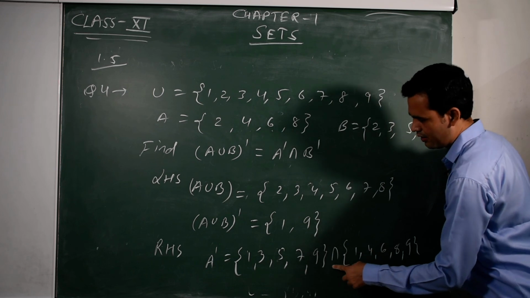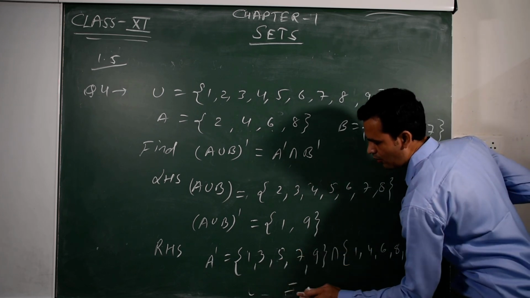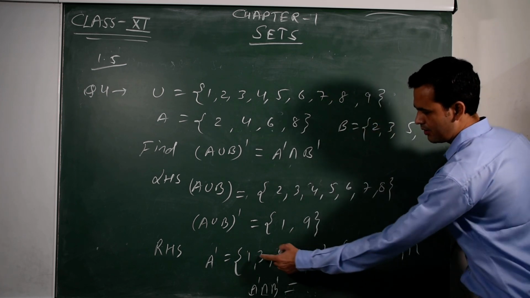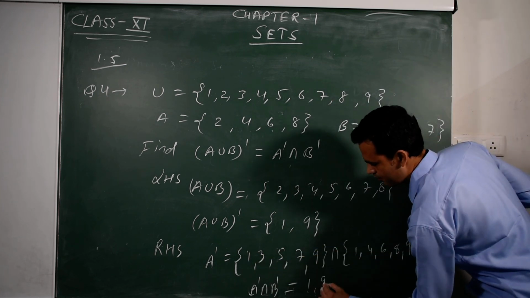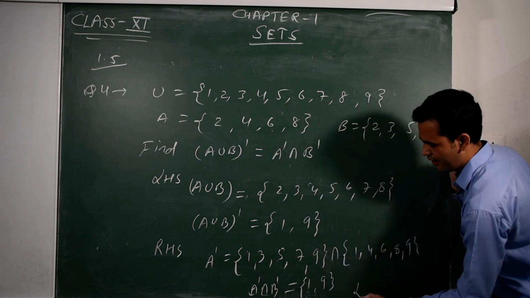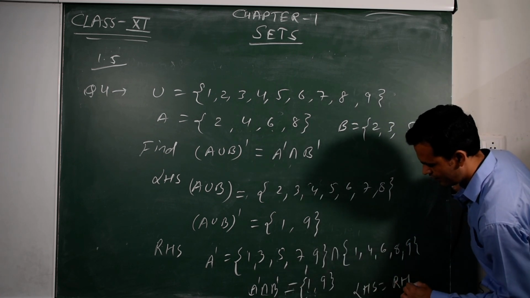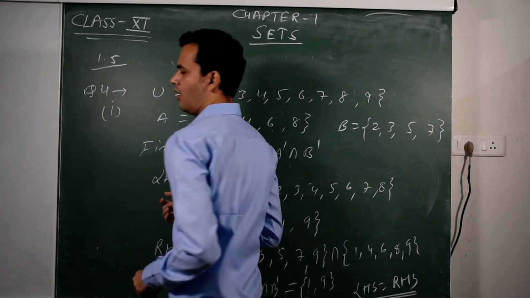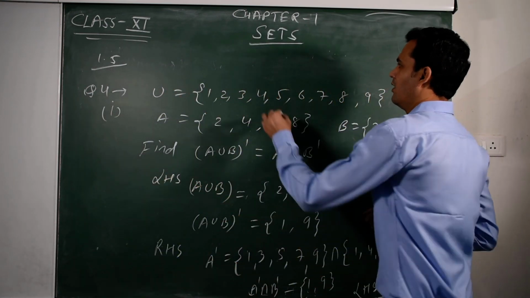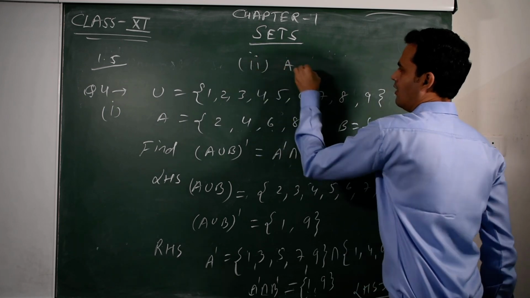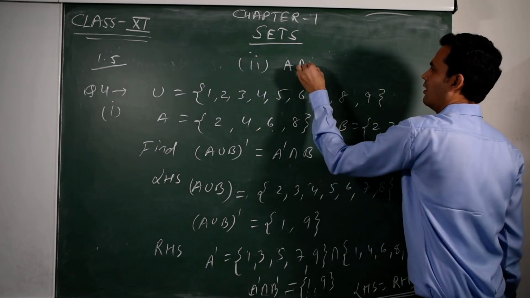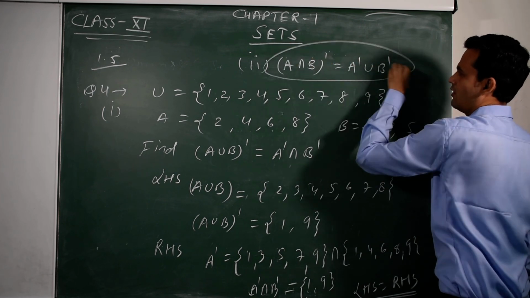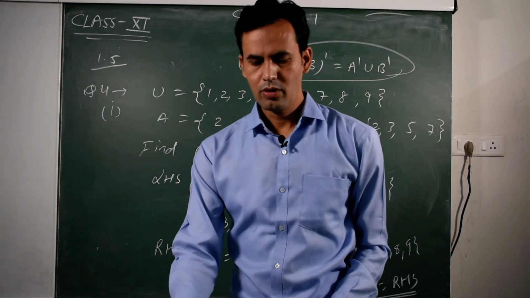So, the intersection of these two, A complement intersection B complement, is only the common elements, 1 and 9. So, LHS equals RHS. Okay. This is the first part of question number 4, and similarly you can also find the second part, that is A intersection B complement equals A complement union B complement. You can solve it yourself. Okay. Thank you.